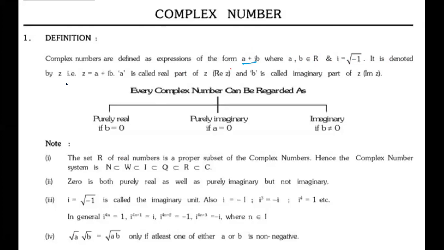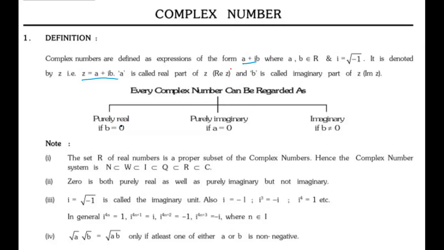It is denoted by z. So z is equal to a plus ib. a is called the real part of z and b is called the imaginary part of z. Every complex number can be written like this.